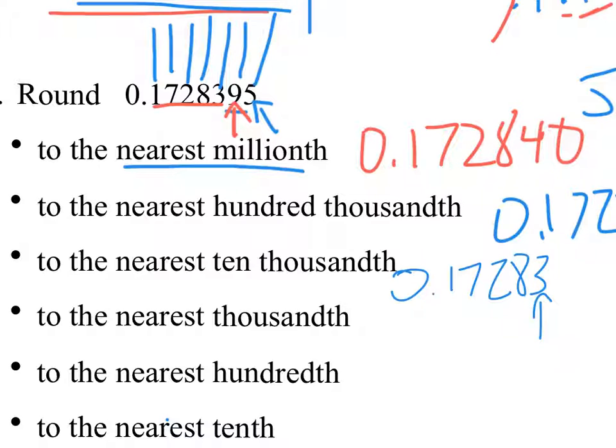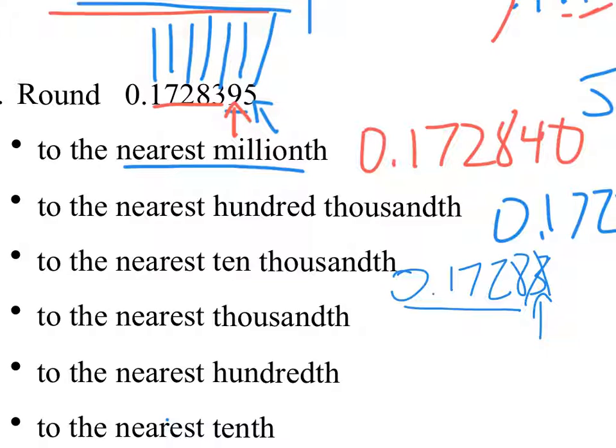So we look at this 3 and we say, that's 4 or less, so we just get rid of it. Okay, and we're going to leave the 8. So we don't go up, we just leave the 8. So 0.1728. So 1,728 10,000ths.